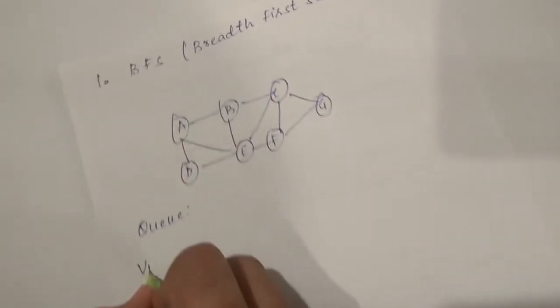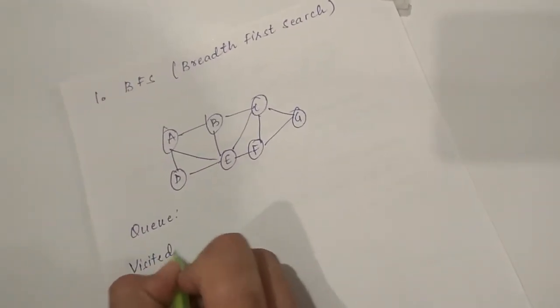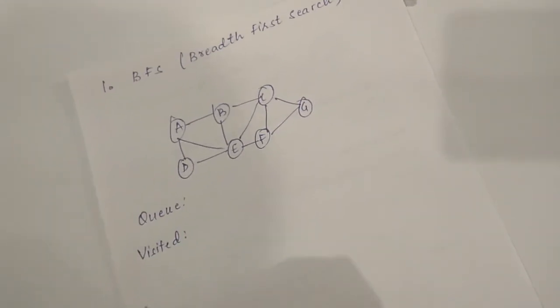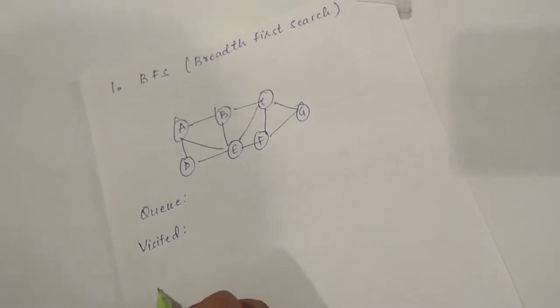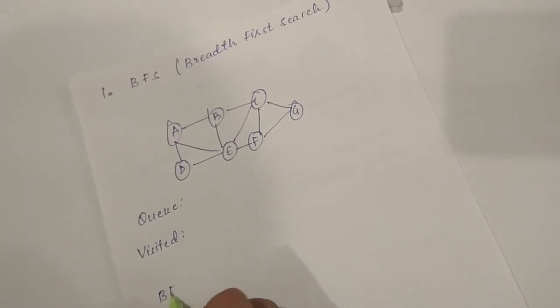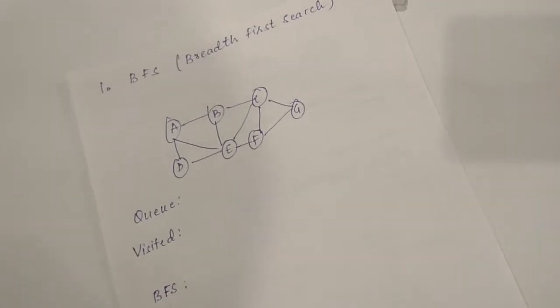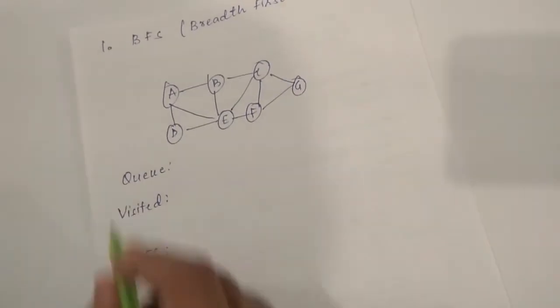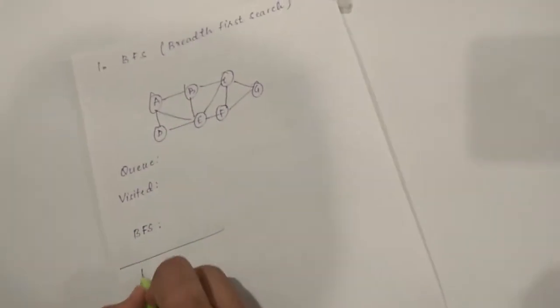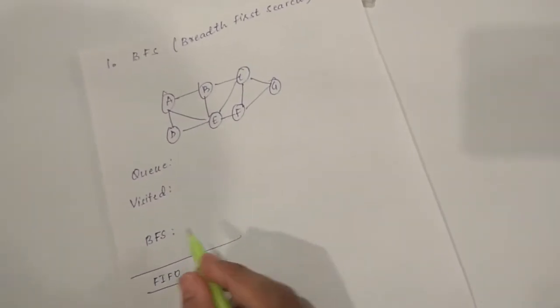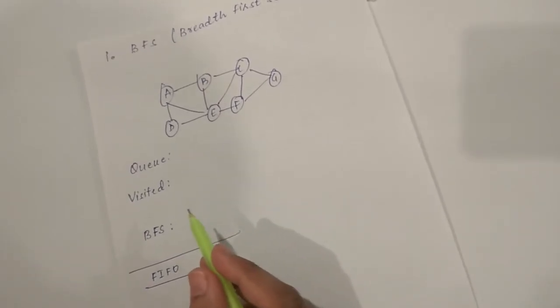Second thing is you will need an array which is storing that the particular node is visited or not. And the third thing is you will need again an array which will store the result of BFS traversal. Now for BFS traversal, as we are using queue, it will run in a FIFO manner because it is the property of the queue.